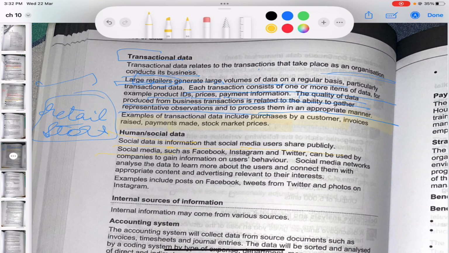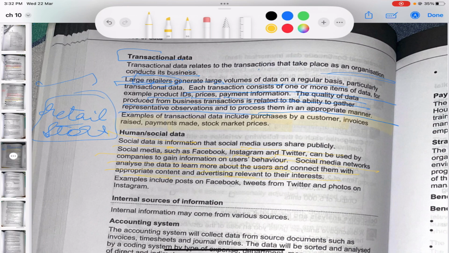Social media companies such as Facebook, Instagram, Twitter can be used by companies to gain information on user behaviors. So you know that there are various surveys, there are various YouTube advertisements, there are various ways using which a company can get information regarding its customers' behavior. Now that is what is known as human or social data.